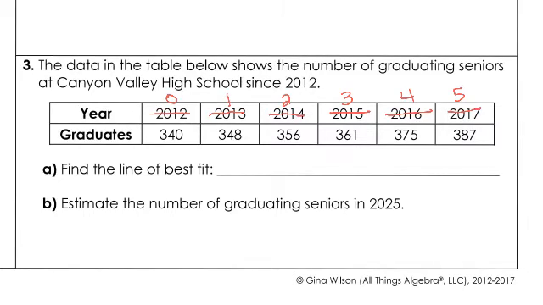Okay, next. Here you have your data entered in 0, 1, 2, 3, 4, 5 for your years, for your X values, your L1 column. And then from 340 to 387 in your L2 column.